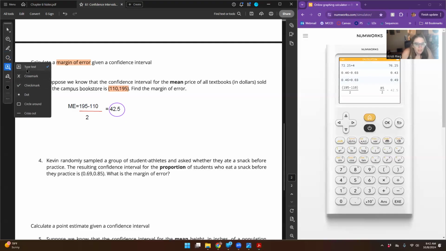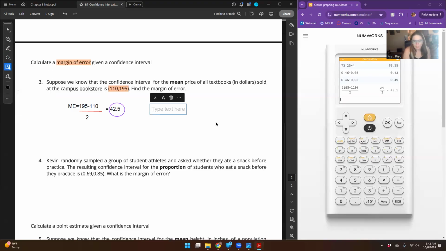I don't know what X bar is, but 110, comma, 195 is the same as saying X bar minus 42.5, comma, X bar plus 42.5.